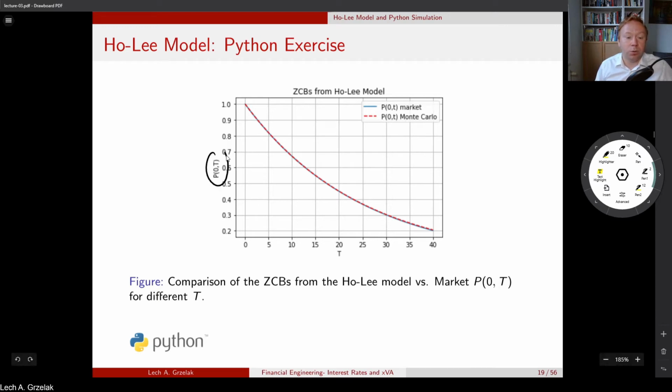Here we show the zero coupon bond. On the x-axis, we have time to maturity. This means if I would like to buy a bond 35 years from now, I will need to pay around 25 units, and then I'll have €1 in 35 years.